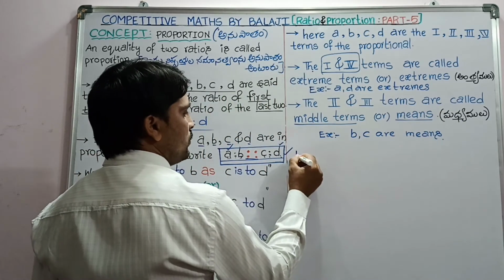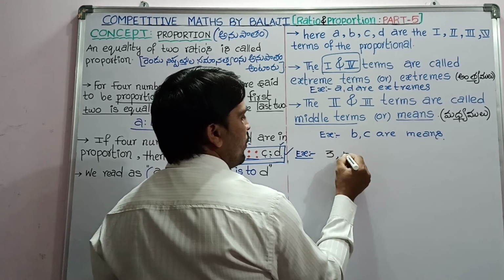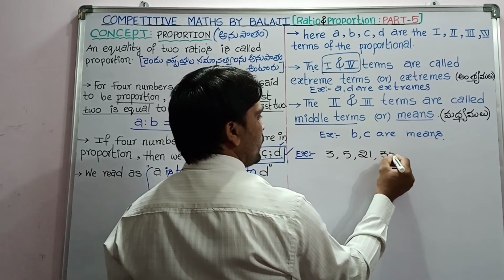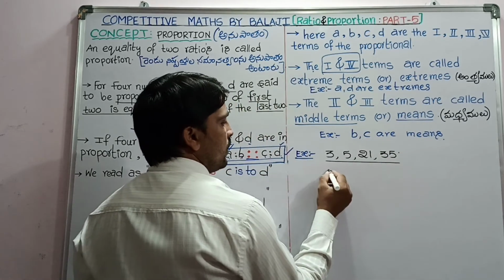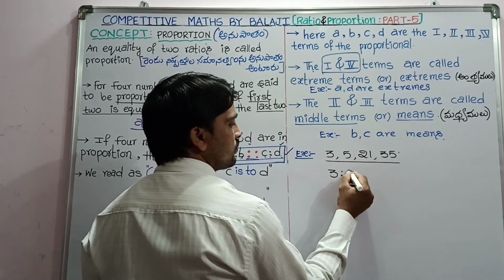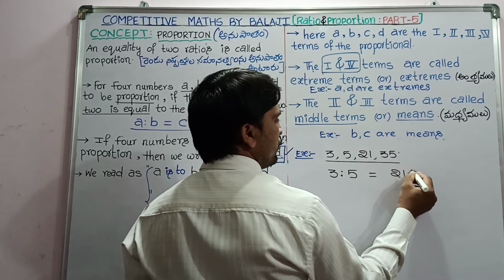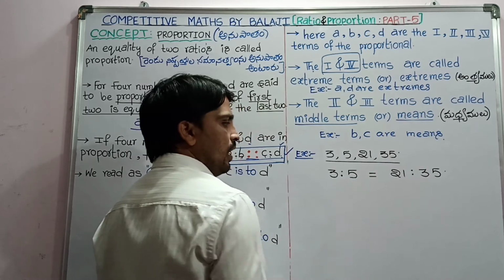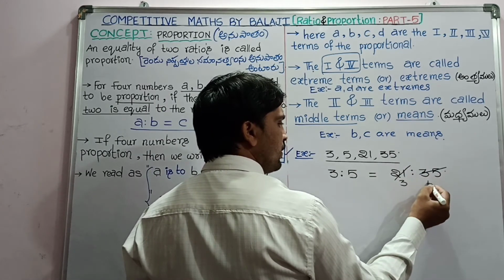Let us see one example: 3 comma 5 comma 21 comma 35. Let us check, are they in proportion? 3 is to 5 is equal to 21 is to 35. Is it right? We can cancel 7 3s are 21, 7 5s are 35.